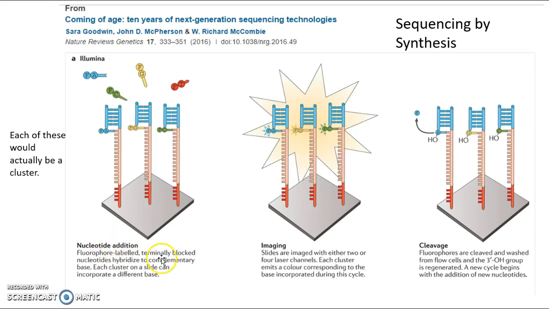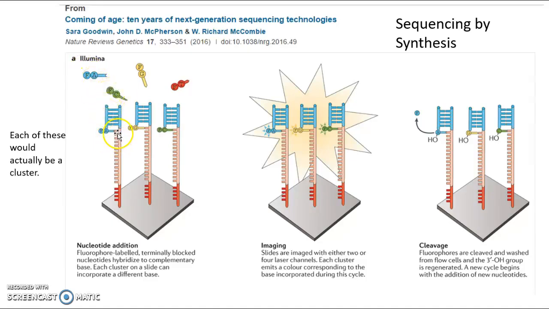So here we've got the idea of sequencing by synthesis. Here is the template DNA running up here, here, and here. And here are 4 different types of reversible dye terminators, A, C, G, and T. Each of them has its little fluorescent dye attached.